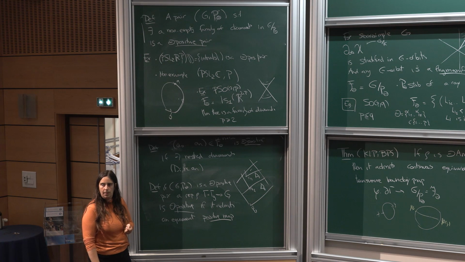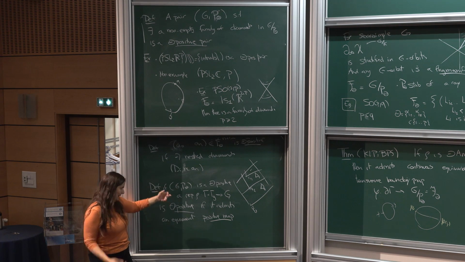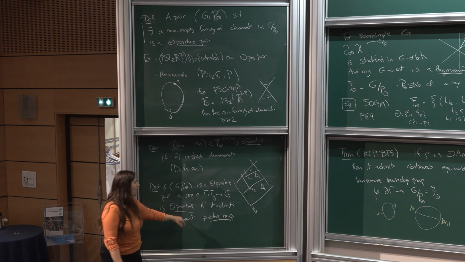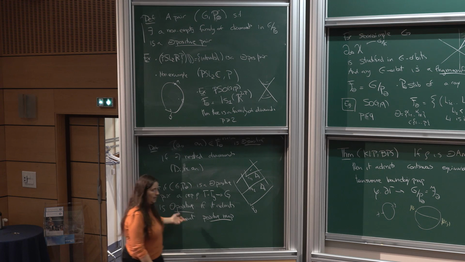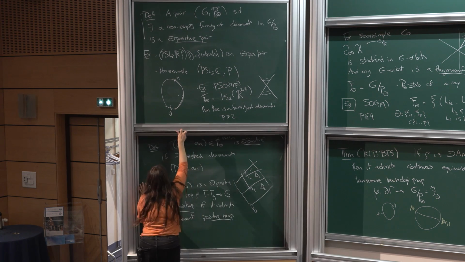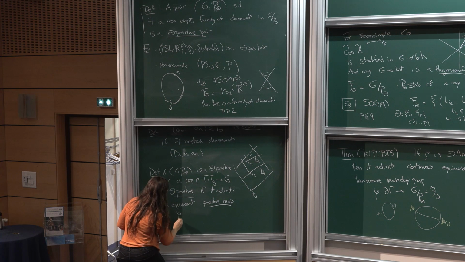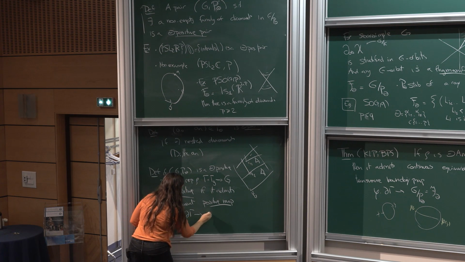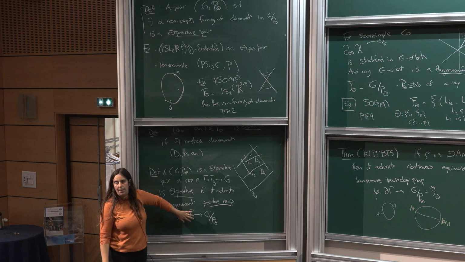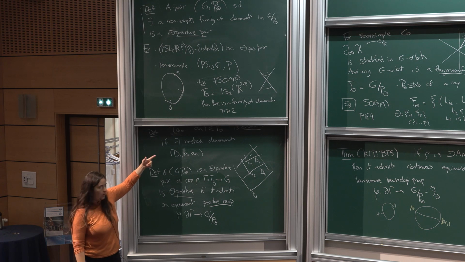Question? What do you mean by equivariant positive map? Yeah, I said it, but not right, for the lack of time. Equivariant means that it's a map, as before, phi from the boundary of gamma to G mod P theta. And I told you that the boundary of gamma has a positive structure, which is the cyclic ordering.